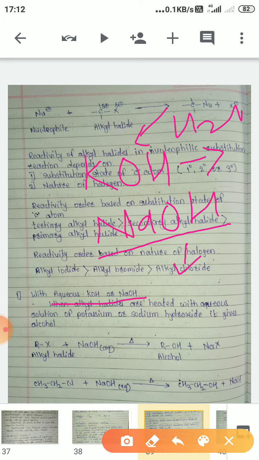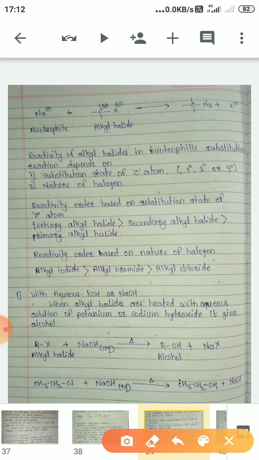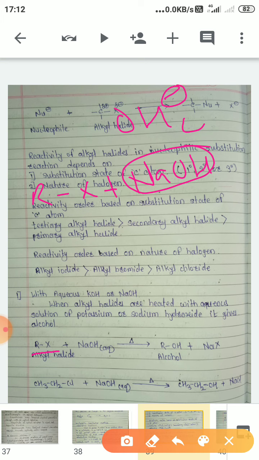Now, when alkyl halides are heated with potassium or sodium hydroxide, they give alcohols. That means the halogen atom of the alkyl halide is replaced by the OH group. Alkyl halide RX plus aqueous NaOH or KOH. Instead of writing NaOH, we can write directly OH minus in aqueous, so it will be easier.